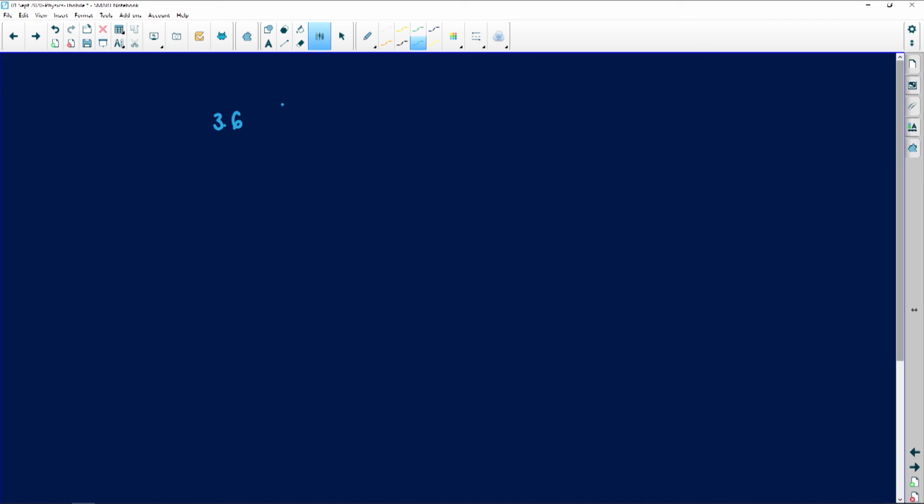Now we know that pulling it down, the normal force increases. And you can say therefore or hence. Let's use hence. It's exactly the same as therefore.